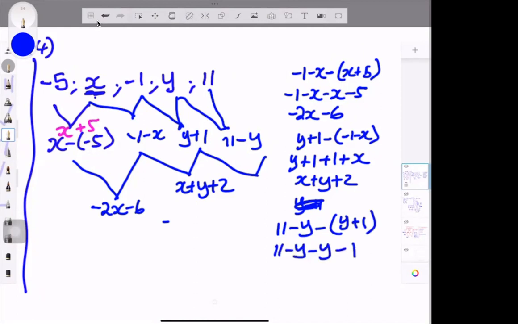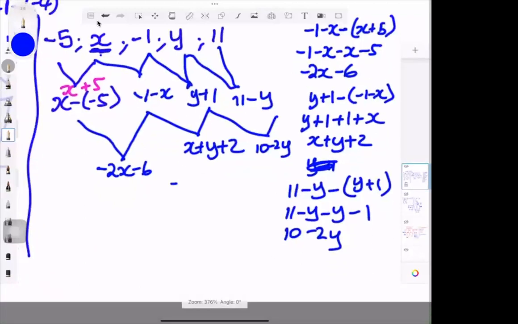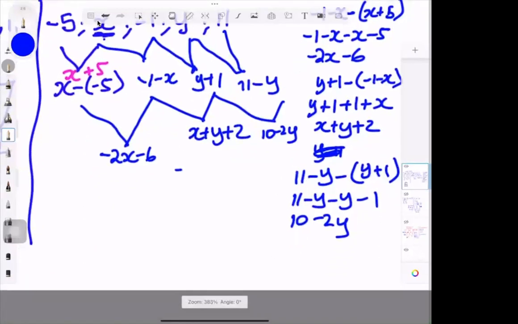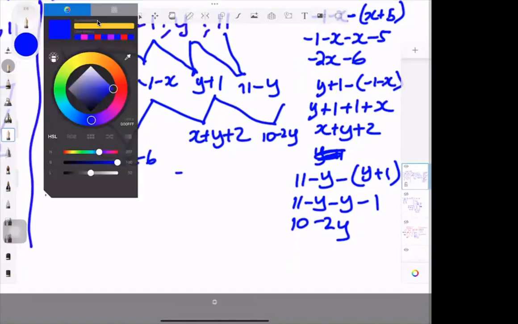They are equal. But I've got 3 different expressions of the second difference. Thumbs up if you're happy with that. They're the same, they're constant, but they are different expressions in terms of x and y, isn't it? And those expressions are the ones that are going to allow us to find x and y. 2 unknowns, right? 2 unknowns, you're going to solve simultaneously.